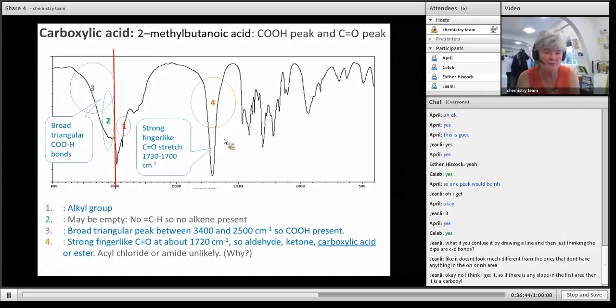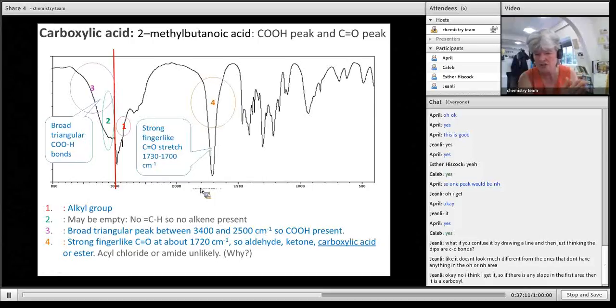So an amide C double bond O peak may overlap with any carbon-carbon double bond. And an acyl chloride is always high. It's always close to 18, if not over 18. So if you have something at 1780 or 1790 or 1810 centimeters to the -1, then you know you've got an acyl chloride and you don't have anything else.